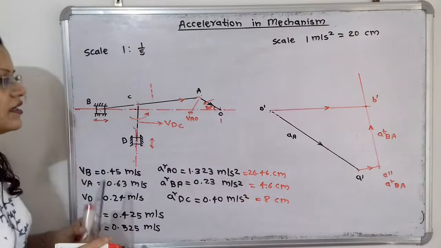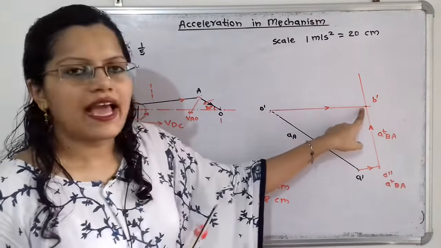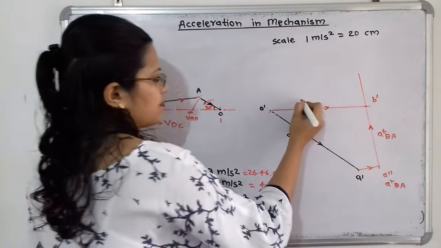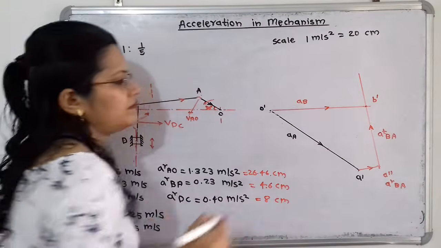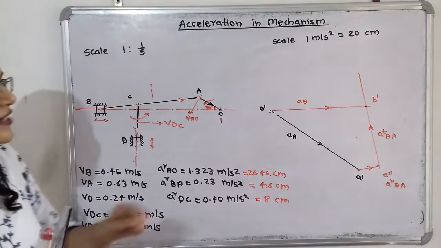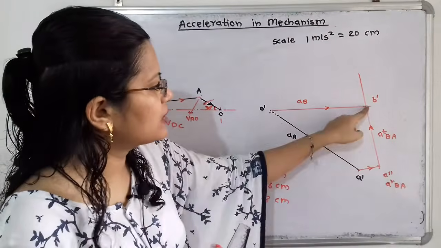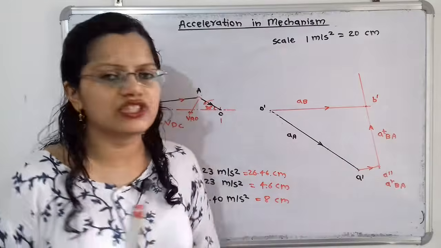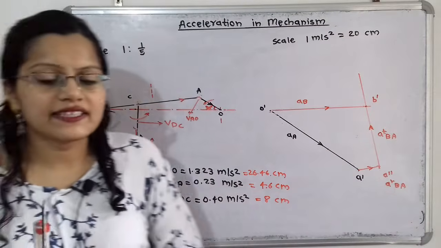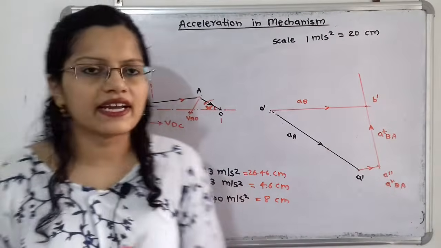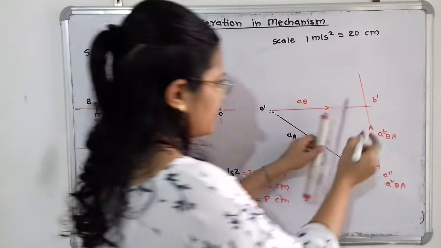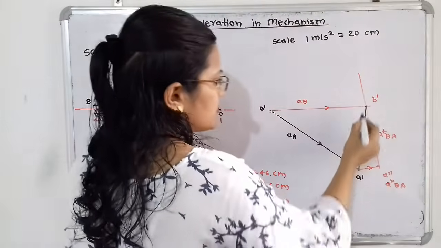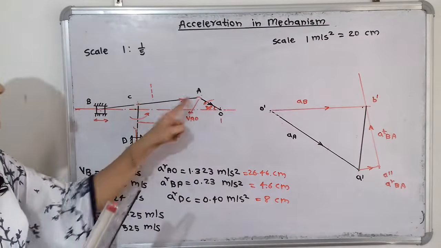So this indicates the acceleration of B with respect to O. So simply I will say AB. Now if I join the end points of this A dash and B dash, that is the radial component of acceleration and tangential component of acceleration, then I will get the total acceleration. So this is the total acceleration for the link AB.